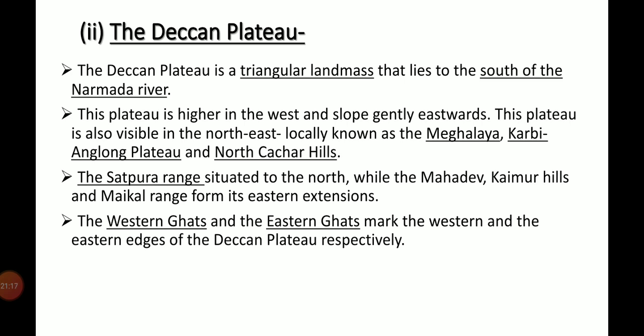This plateau is also visible in the northeastern part of India, locally known as Meghalaya Plateau, Karbi Anglong Plateau and North Cachar Hills. The Satpura range is situated to the north of this plateau, while the Mahadev, Kaimur Hills and Maikal range form its eastern extension. Two mountain ranges, Western Ghat and Eastern Ghat, mark the western and the eastern edge of the Deccan Plateau respectively.